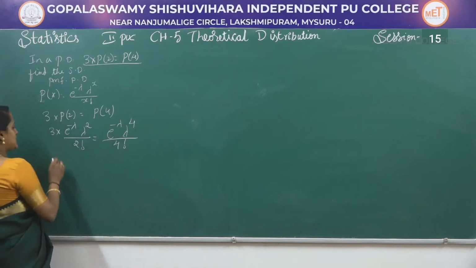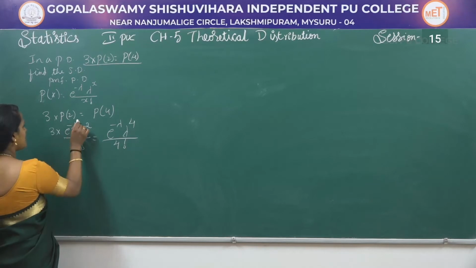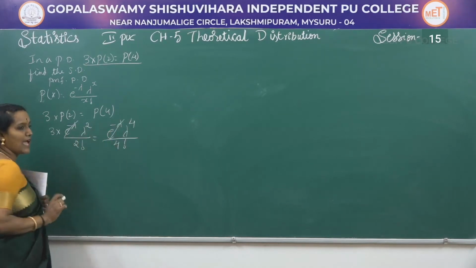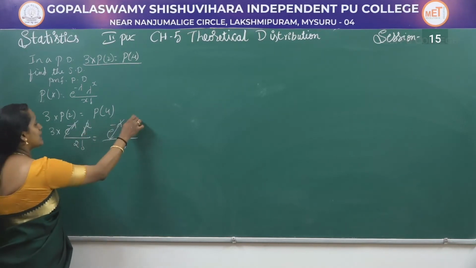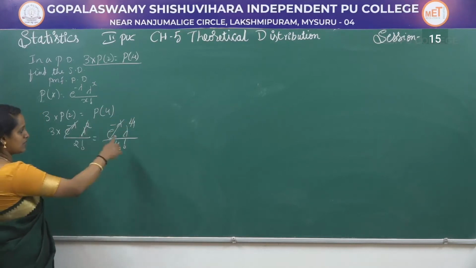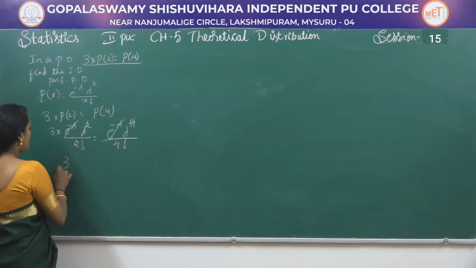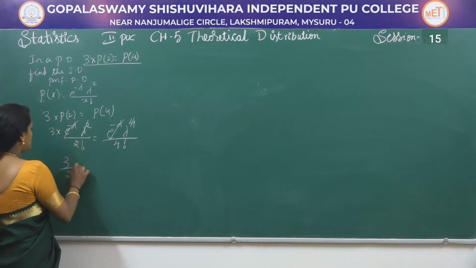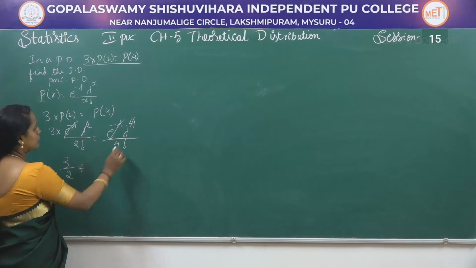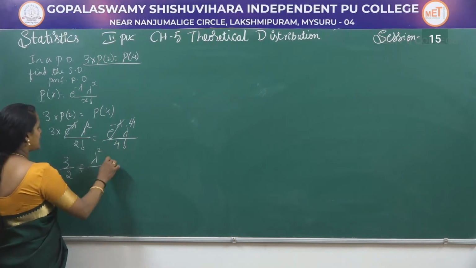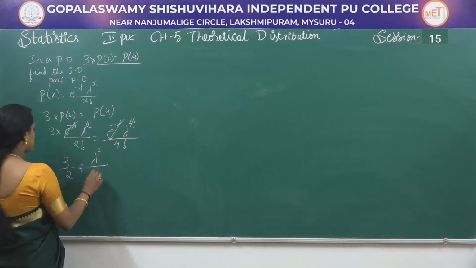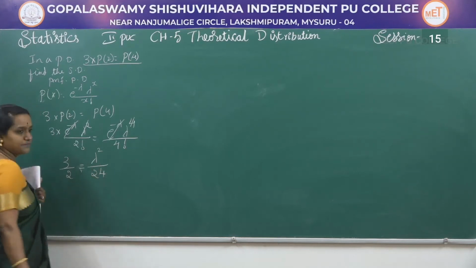Okay, next we have to simplify this. e power minus lambda gets cancelled. Lambda square here will get cancelled because here 4 is there. So here 3 by 2 factorial, which is 2, is equal to lambda square divided by 4 factorial. 4 factorial is nothing but 24.